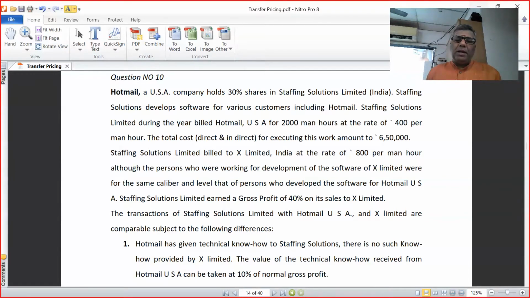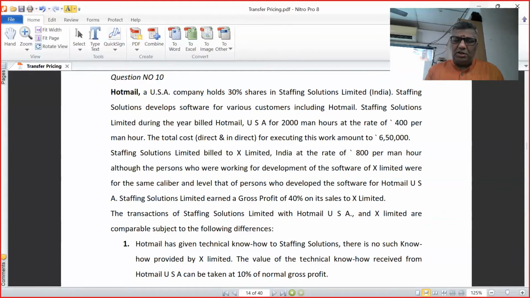Staffing Solutions billed X Limited India at the rate of 800 per man-hour, although the persons working on the development of the software of X Limited were of the same caliber and level as those for Hotmail USA. Staffing Solutions Limited earned a gross profit of 40% on its sales to X Limited.